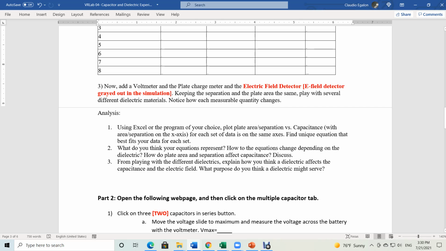Now add a voltmeter, and plate charge meter, and the electric field detector, keeping the separation of the plate area the same. Play with several different dielectric materials and note how each measurable quantity changes. Okay, so just play. It doesn't tell you what to do.